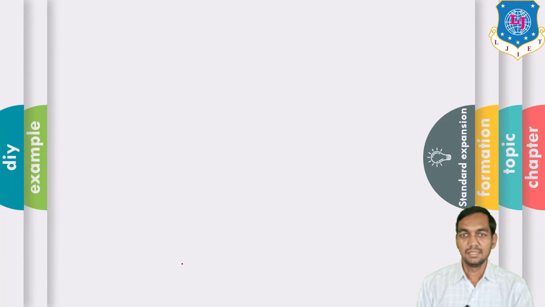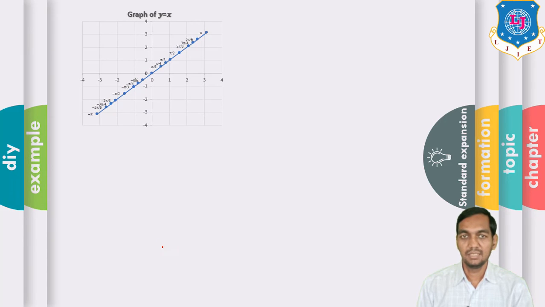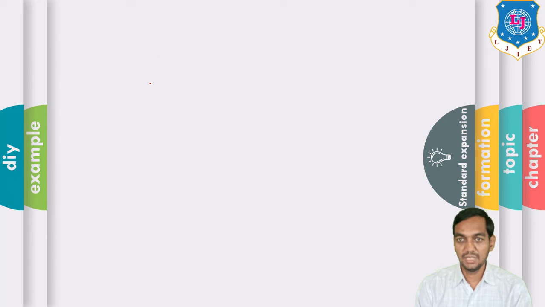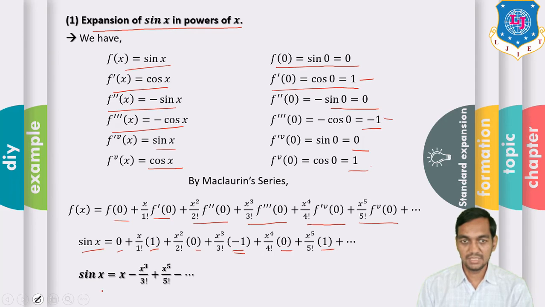In the same manner, if you are going to check, this is the graph of y = x. This is the graph of y = x - x^3/3!. Now see what we are basically obtaining. This is our series.